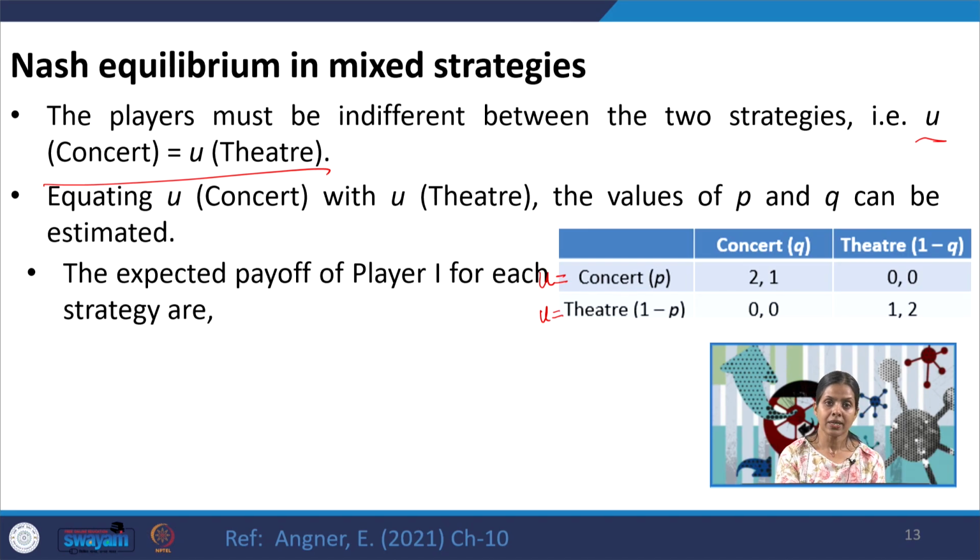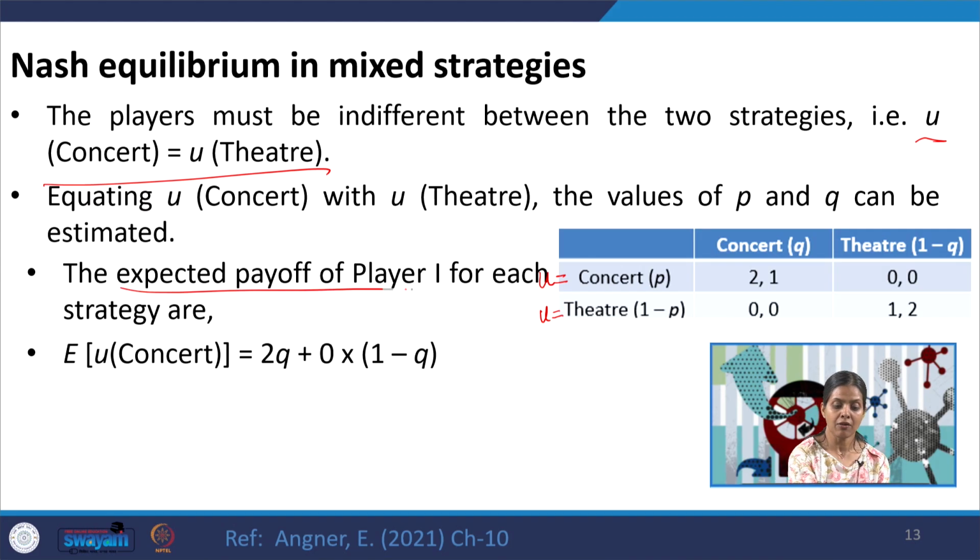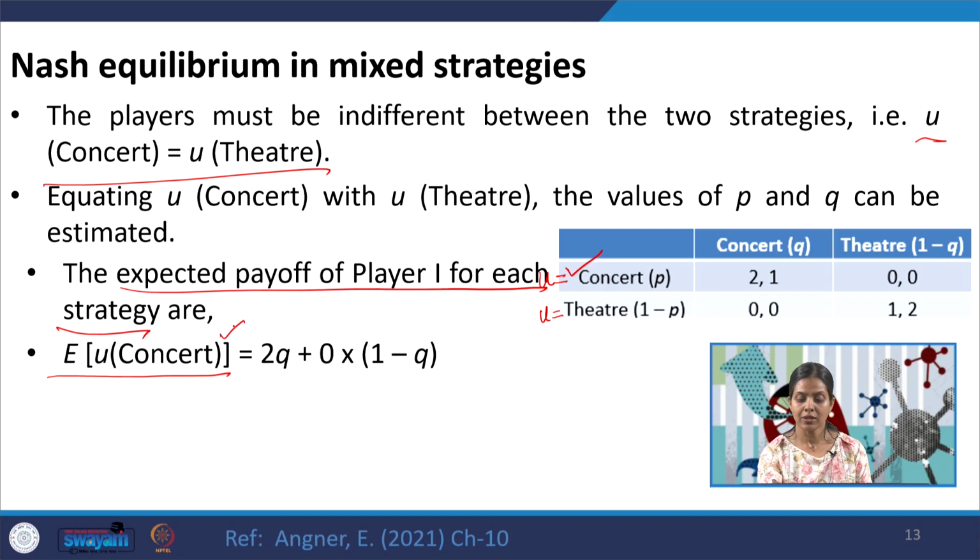How? Consider the expected payoff of player 1 for each strategy. Let us consider the first strategy, concert. If she goes to the concert, then what are the probabilities of getting these payoffs?